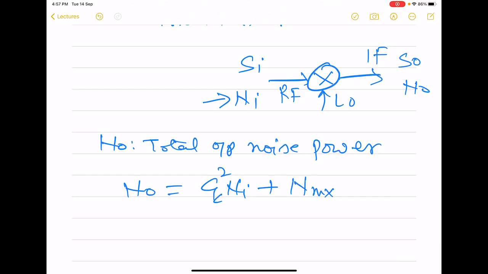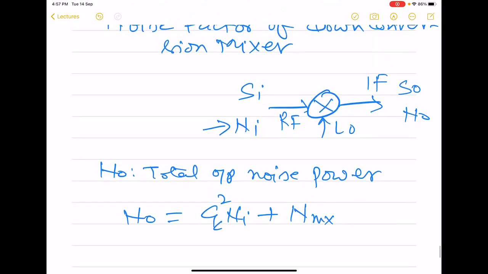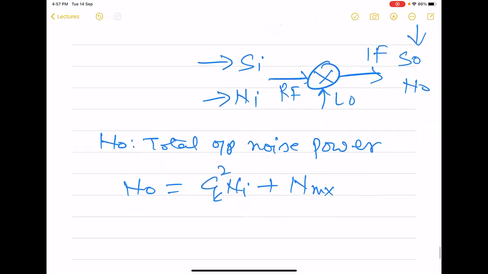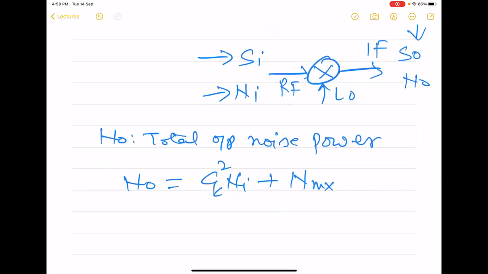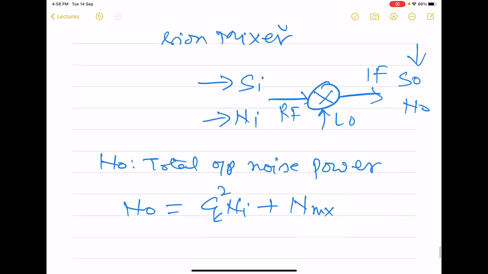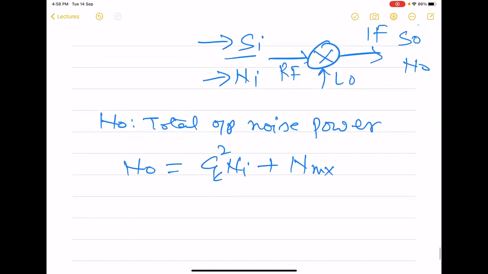Now we need to calculate the input power, output signal power, and output noise. Ni is going to be a standard input power for all the cases. So let us calculate what the noise factor will be when this input signal is single sideband or double sideband.